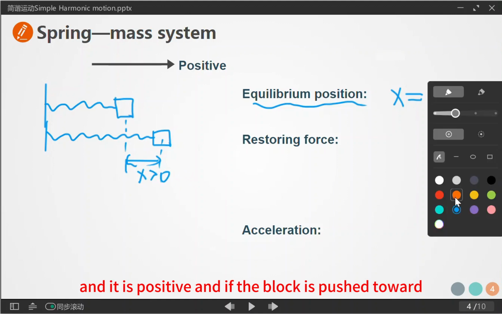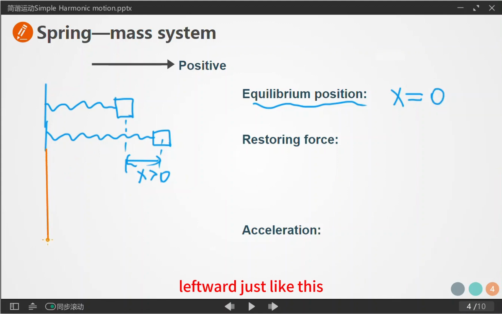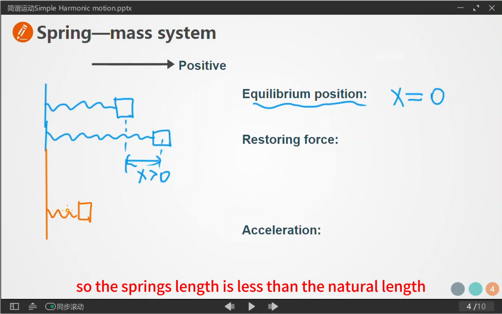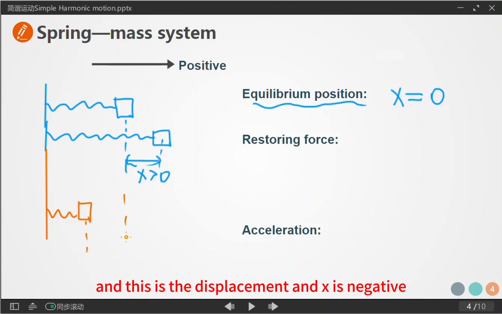And if the block is pushed leftward, just like this, the spring's length is less than the natural length, and this is the displacement, and x is negative.